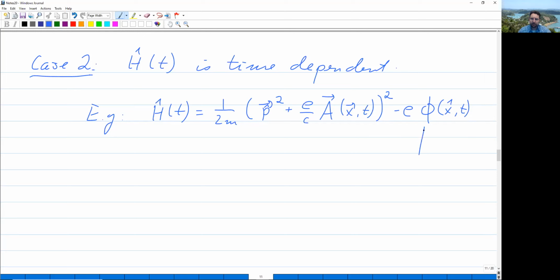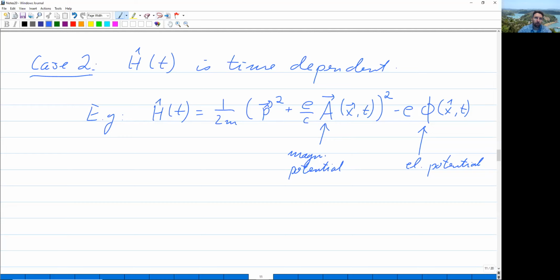Here, this is the electric potential, and this is the magnetic potential. We are here assuming that the electric and the magnetic fields are classical fields, but they can still depend on position and momentum.